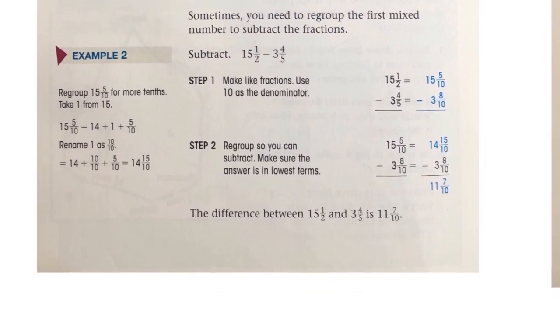Sometimes you need to regroup the first mixed number to subtract the fractions. Subtract 15 1/2, take away 3 4/5. Step 1 is to make like fractions. Use 10 as the denominator because it's the least common multiple between 2 and 5.